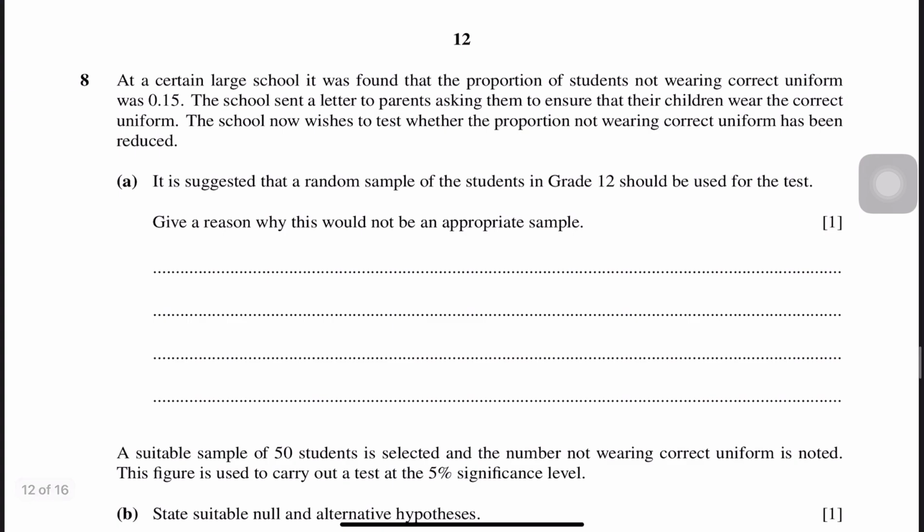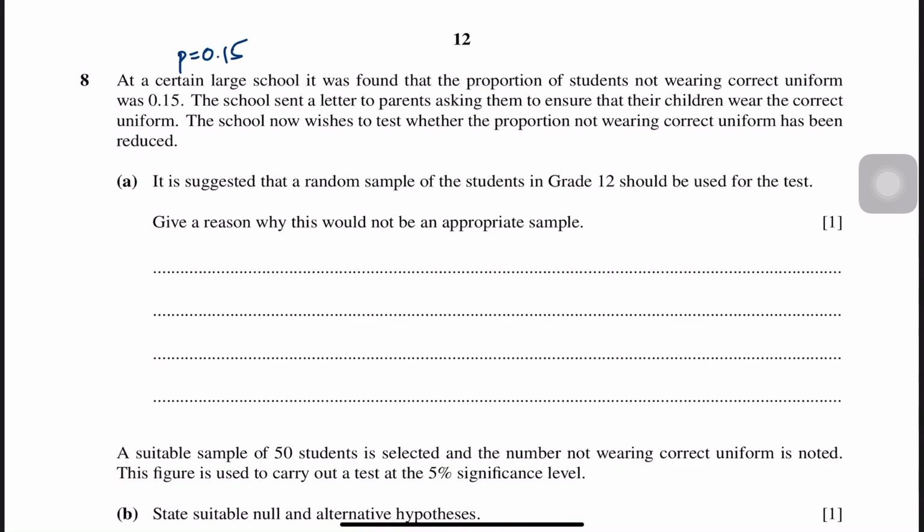Now the last question on this paper. At a certain large school, it was found that the proportion of students not wearing correct uniform was 0.15. Okay, P is 0.15. The school sent a letter to parents asking them to ensure that the children wear the correct uniform. The school now wishes to test whether the proportion not wearing correct uniform has been significantly reduced.